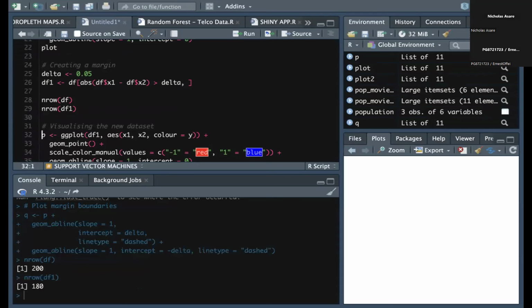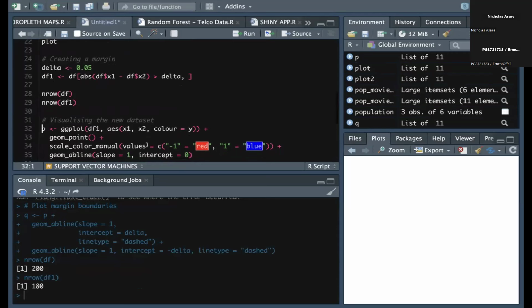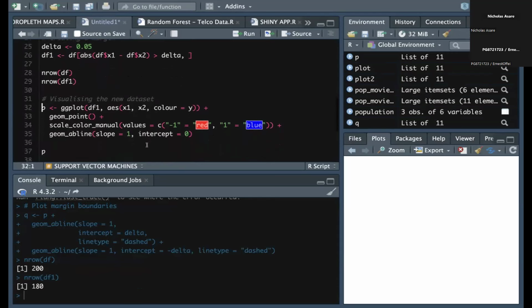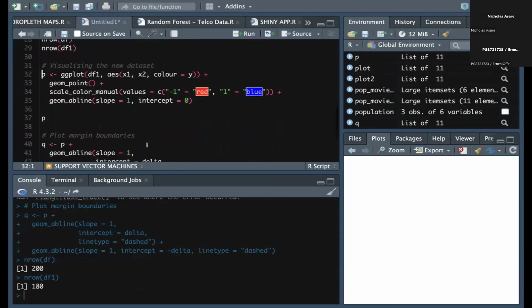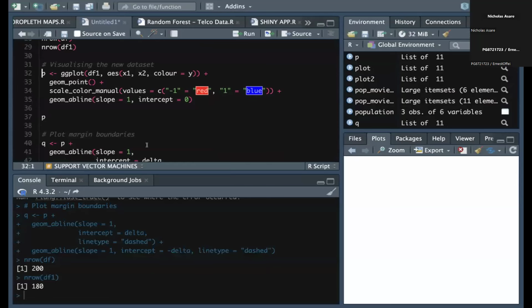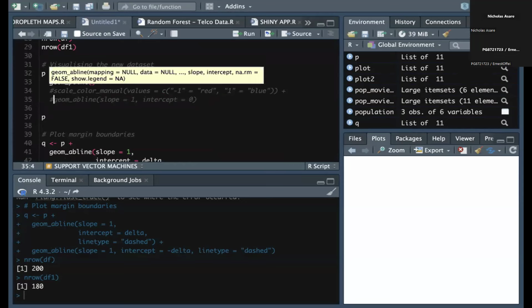Okay. So let's come to ggplot. So you have ggplot, DF1, the aesthetics. Put a comment on 34 and 35. Remove the plus from 33.